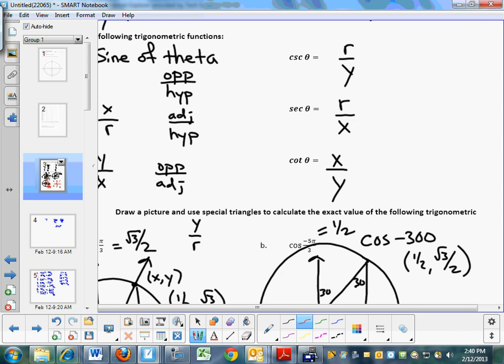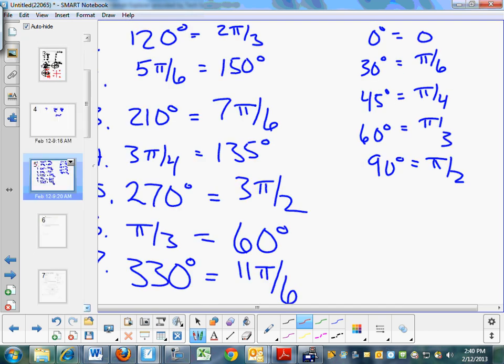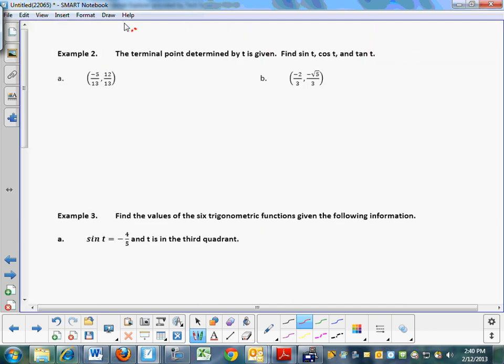Okay, flip it over. Okay, the terminal point t is given. Find sine of t, cosine of t, and tangent of t. What is my x value?